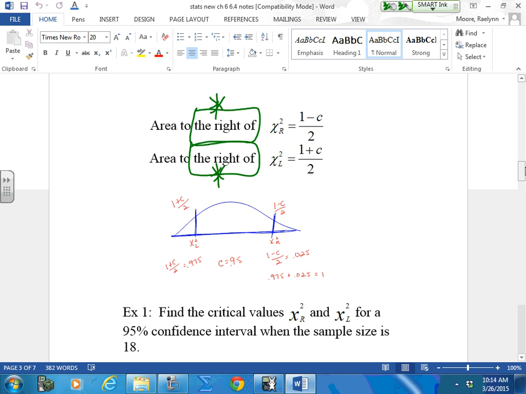Goes against what we normally do. Your z-score and t-score have always been area to the left. This guy is totally different. Non-symmetric, from 0 to infinity, and it's area to the right.